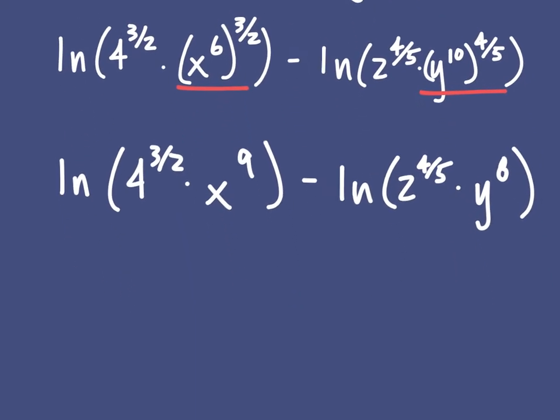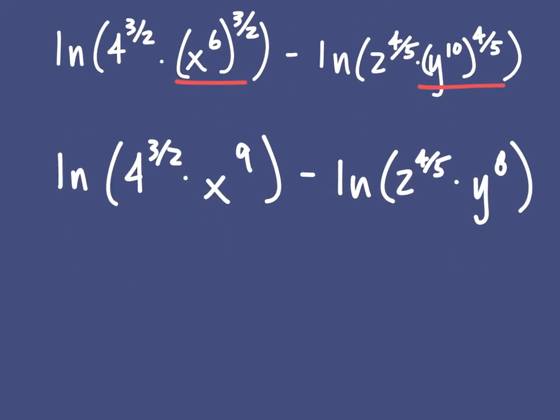The next thing I want to do is evaluate the 4 to the 3/2 and 2 to the 4/5. This one we can simplify, and I'm going to put this into radicals.